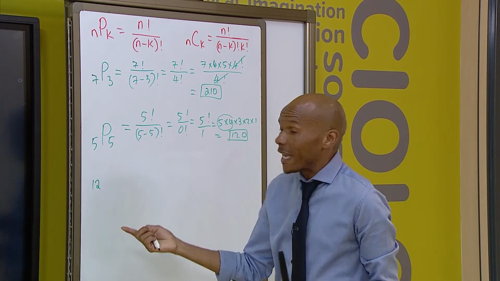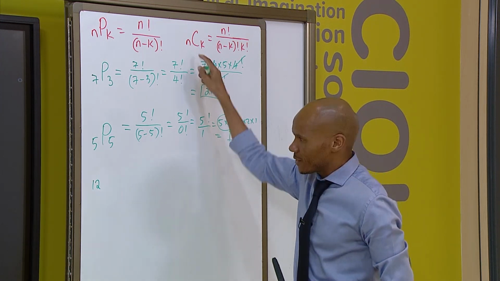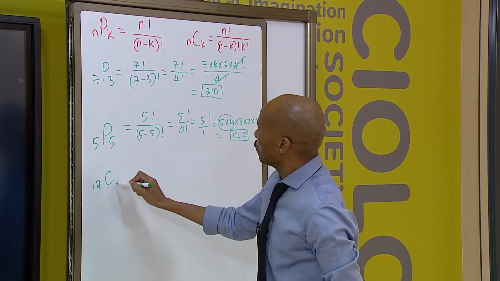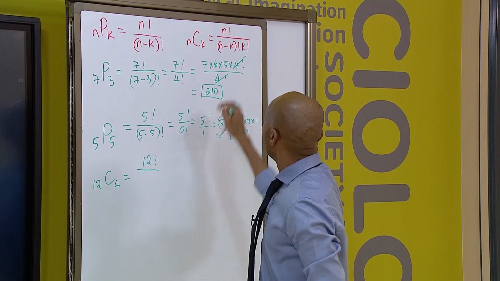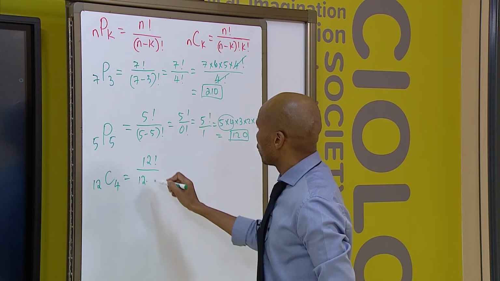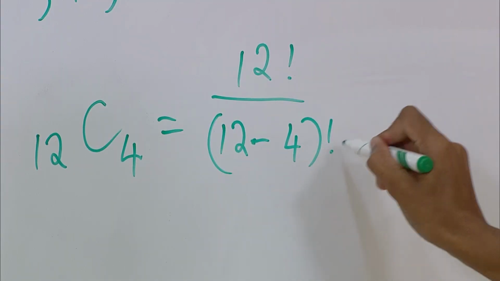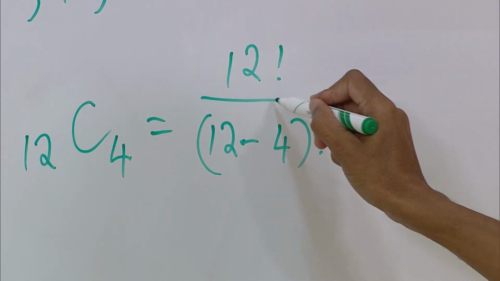And if the order does not matter, we use combinations. So that will be 12 choose 4. So that will be 12 factorial over, using the formula, 12 minus 4 factorial multiplied by 4 factorial.